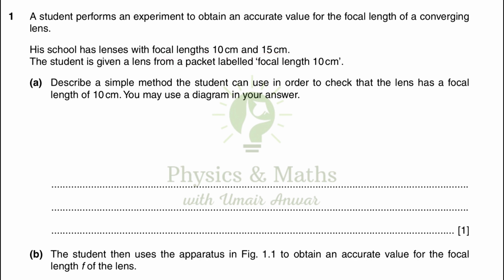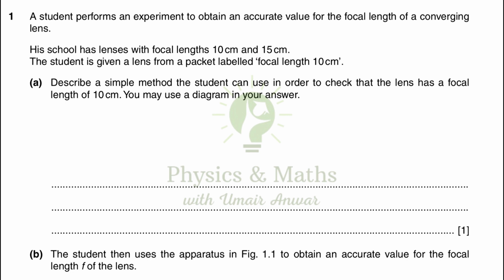The student is given a lens from a packet labeled focal length 10 centimeter. So this is what is written on the packet. Describe a simple method the student can use in order to check that the lens has a focal length of 10 centimeter. You may use a diagram in your answer.